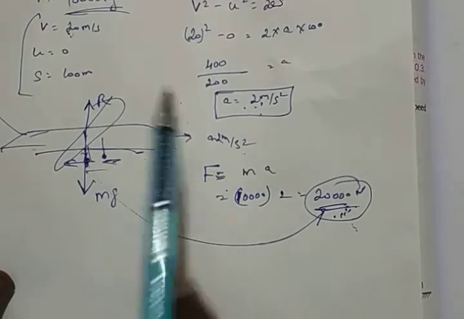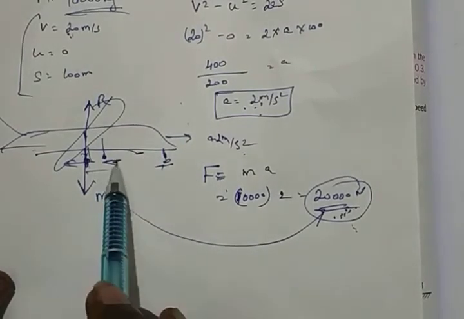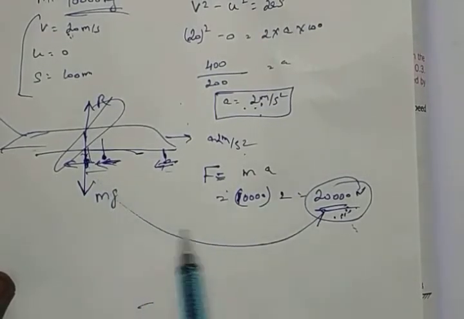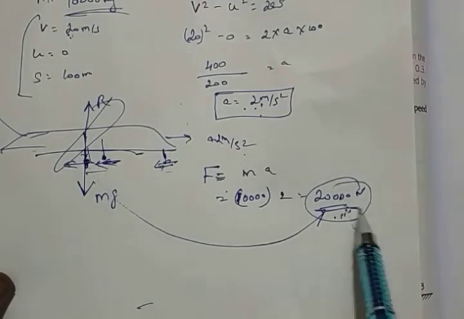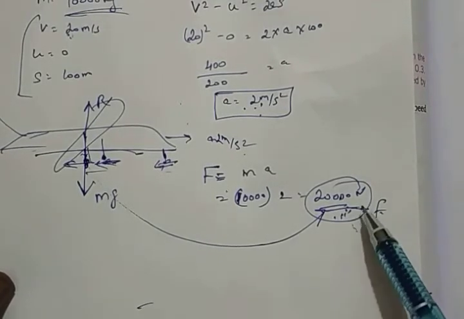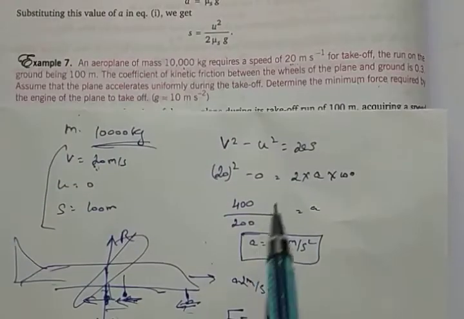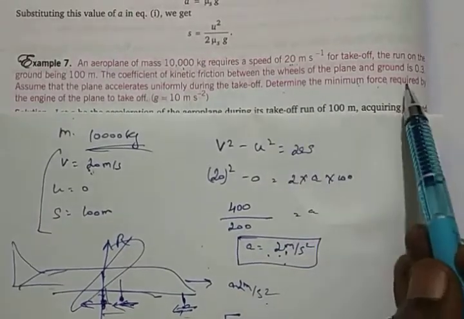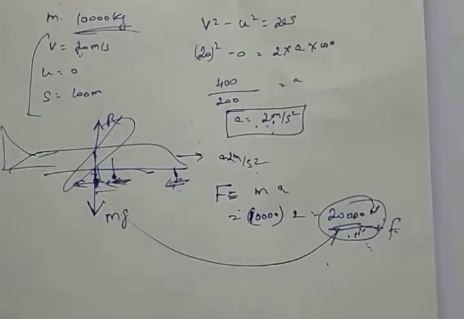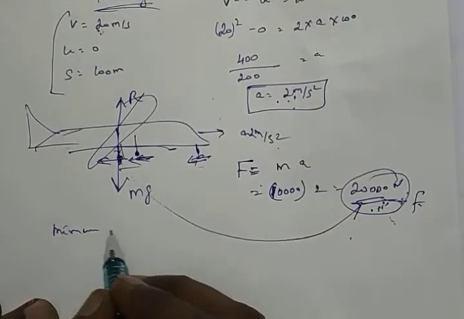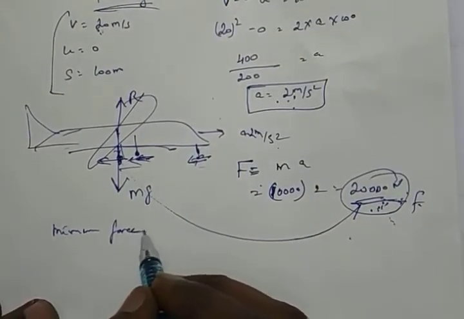I will say no, it will not take off, because the frictional force will oppose the wheels and stop the plane. 20,000 minus the frictional force will be there too, and that reduces the force you are giving. So, as a safety precaution, determine the minimum force required and add the frictional force also here.